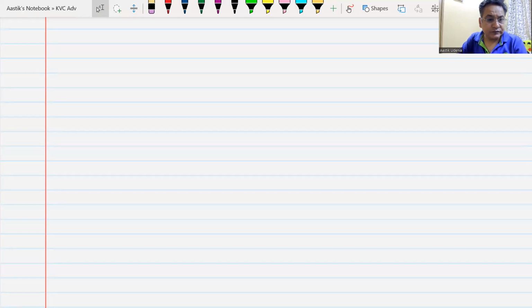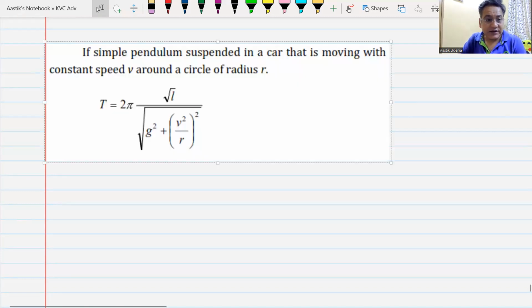Then the next case is if the simple pendulum is in a car which is moving on a circular track. All these are very interesting cases. If you understand the concept, and I hope you have understood it, it remains very simple: somehow we need to find out the value of g effective.